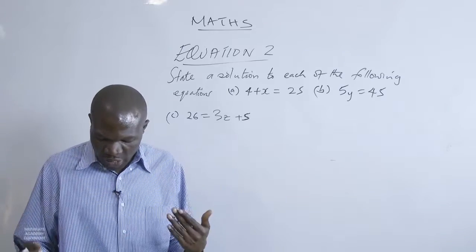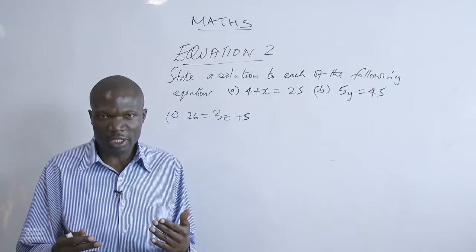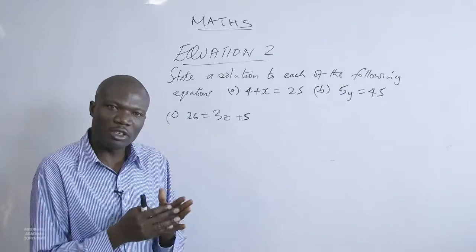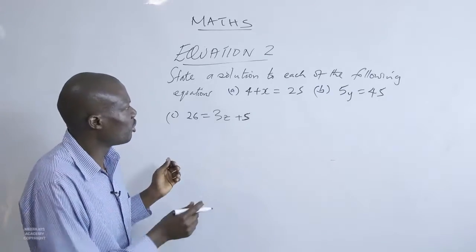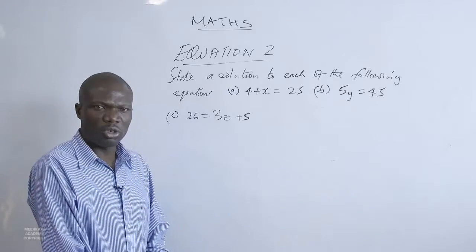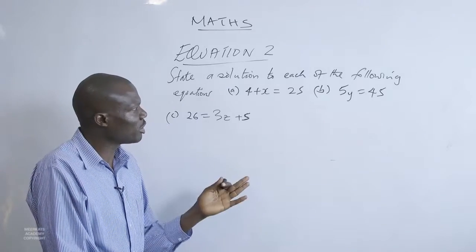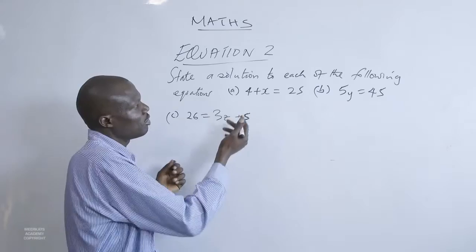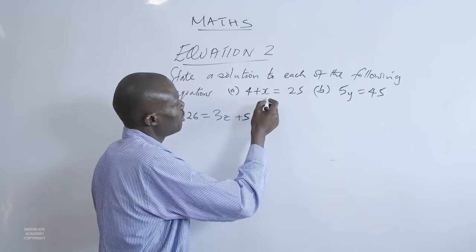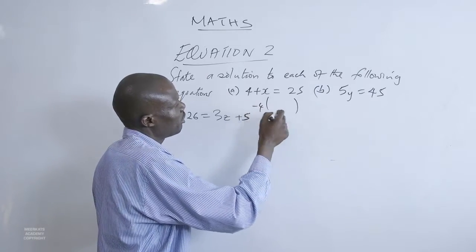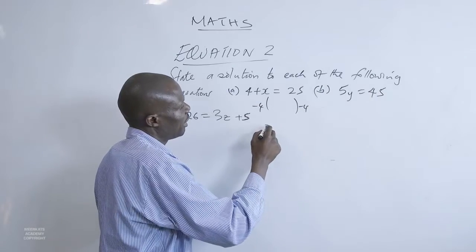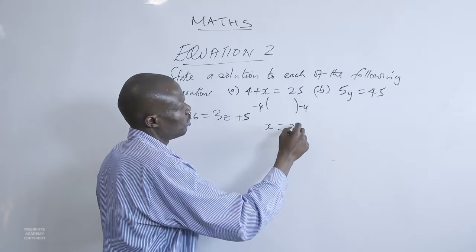Now, because we've been asked to state, and we have the knowledge of approaching this, for this one here, what could be the solution? If we were to work out by solving, we would still get it, but you can still do it offhand. So for the first one here, if you minus 4 here and minus 4 here, you'll find that x is equals to 21.